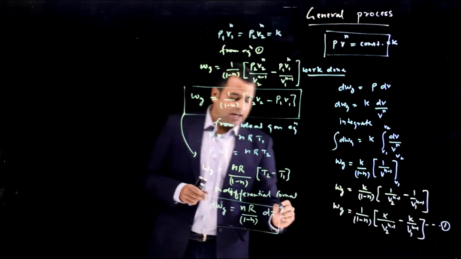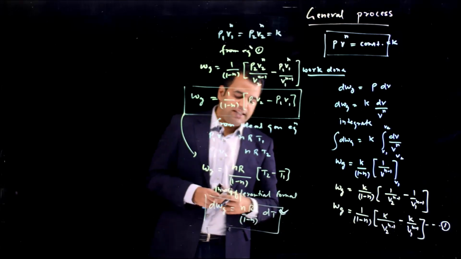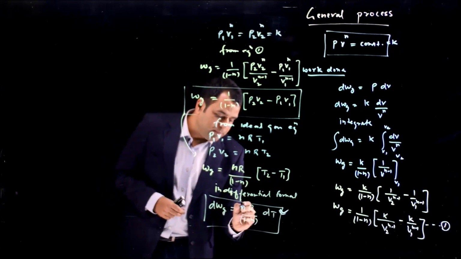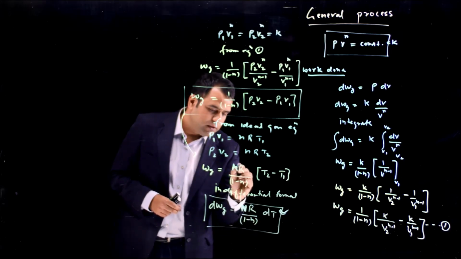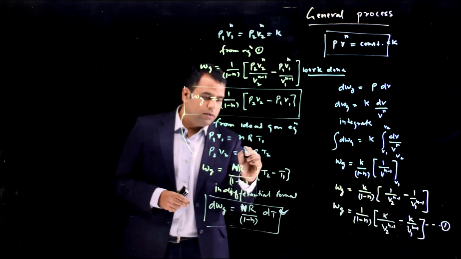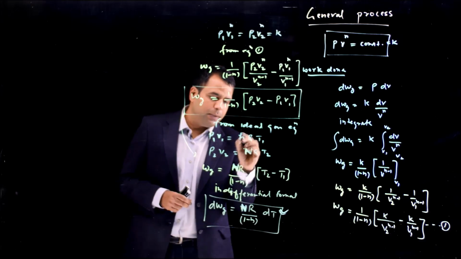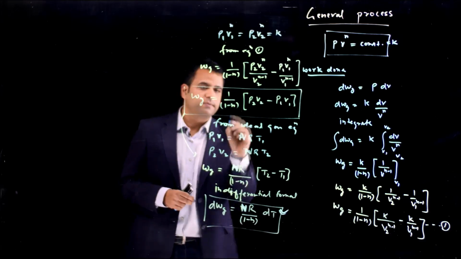If you want, we can memorize this equation. This n is the number of moles. Let's take this n as capital N for the time being. A capital N represents the number of moles here.